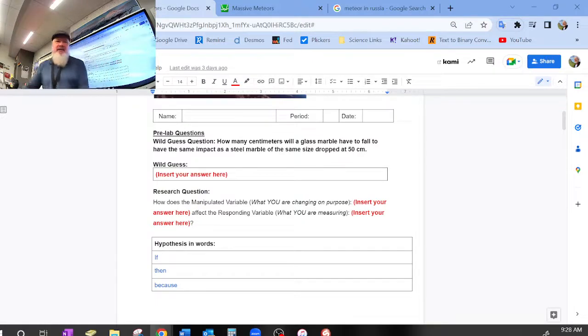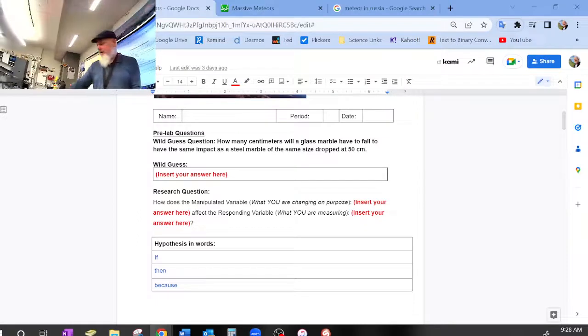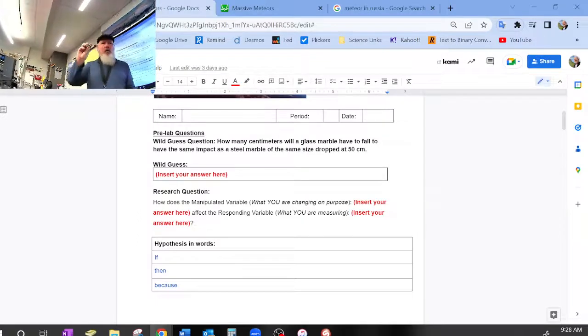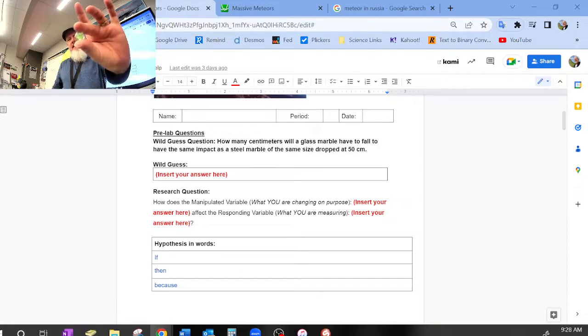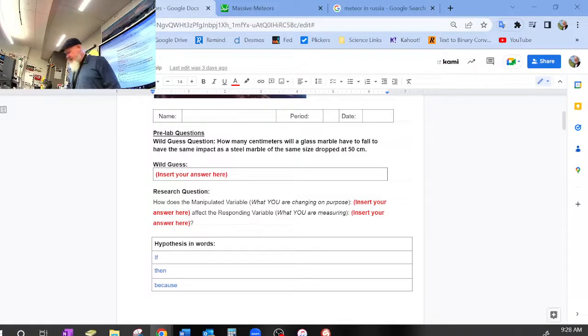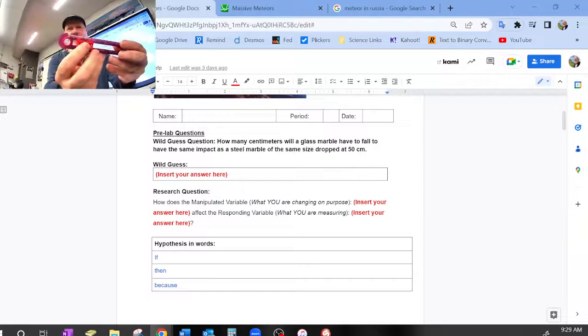At your lab stations, there is a box of sand, like this. There are two marbles, one that is a steel marble, one that is a glass marble. You'll also have a meter stick. You'll also have this funky little ruler right here for measuring something that's rather small.